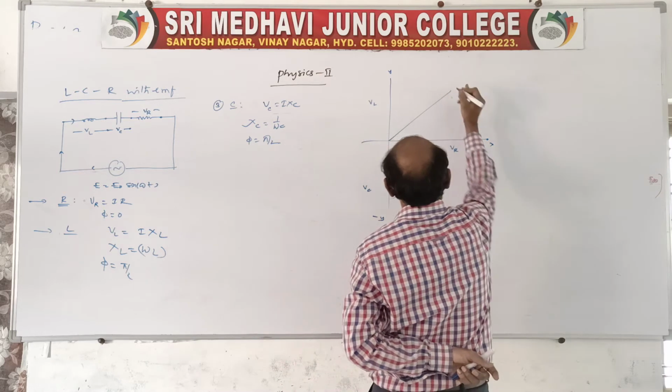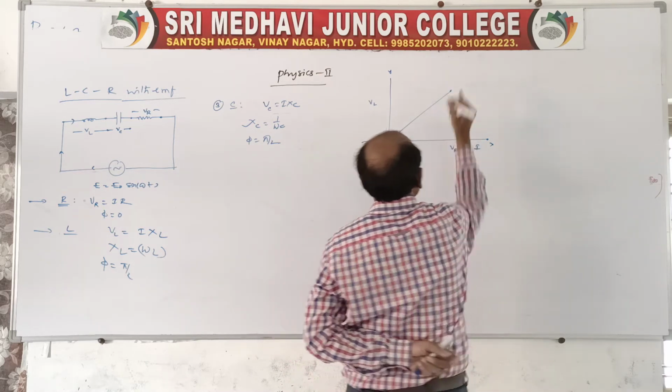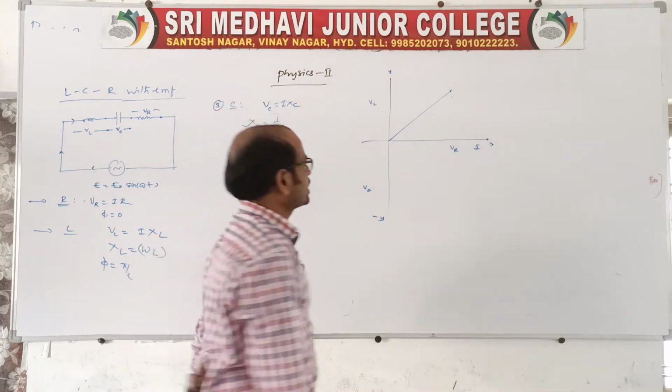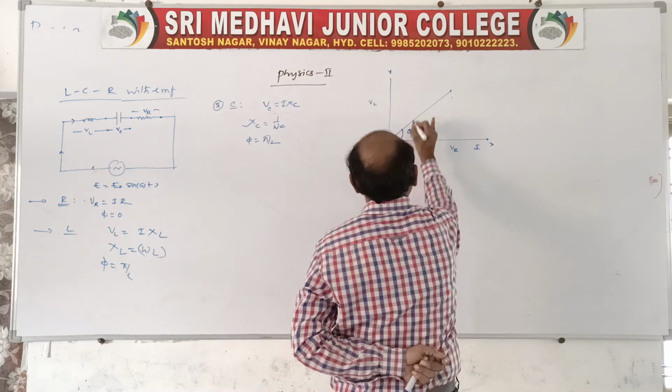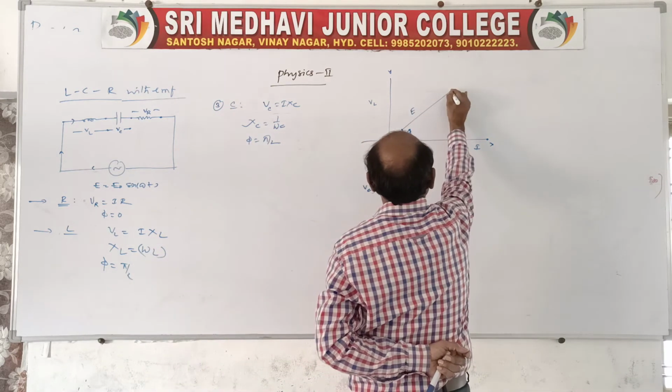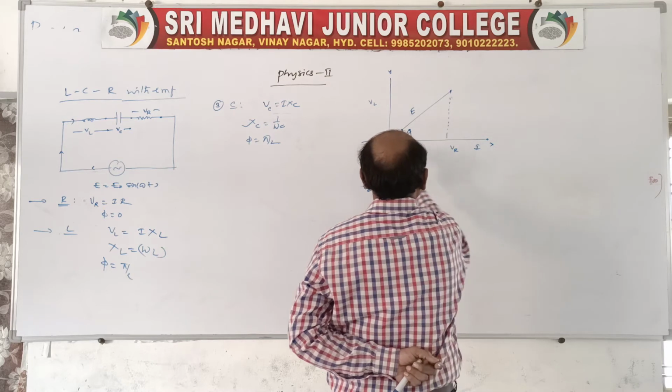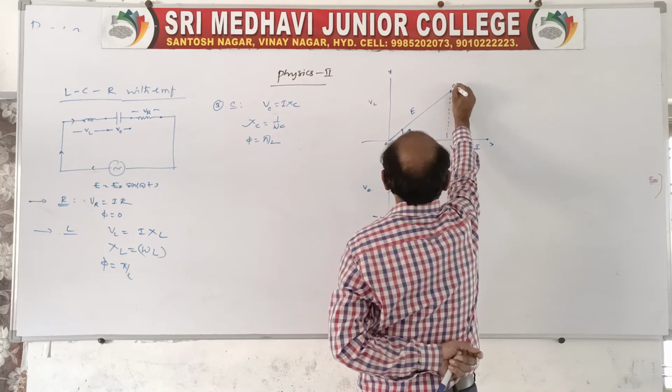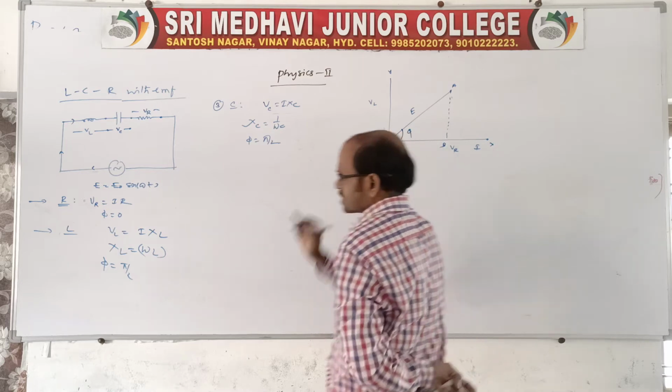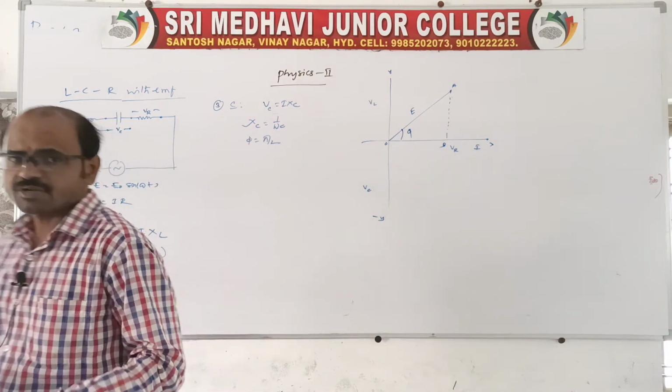The graph is represented like this, making a phase angle of pi. It represents the resultant. If you draw the opposite, it is O, A, B. This is the general graph.